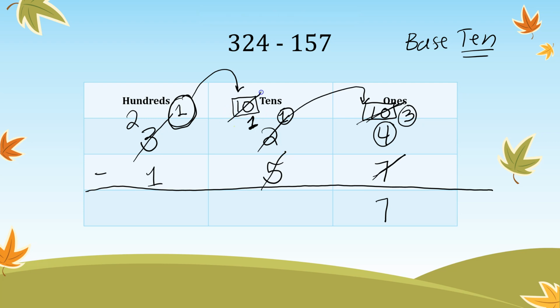Take 5 away from 10, I have 5 left, and 5 plus 1 is 6. And then the last place is nice. 2 minus 1 is 1. Therefore, the answer is 167. Just like how we were subtracting in other bases other than 10, right?